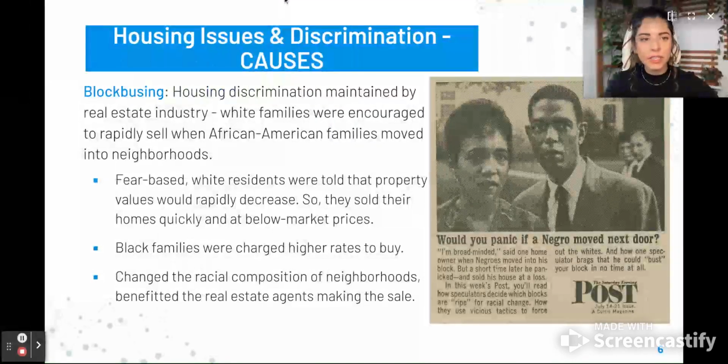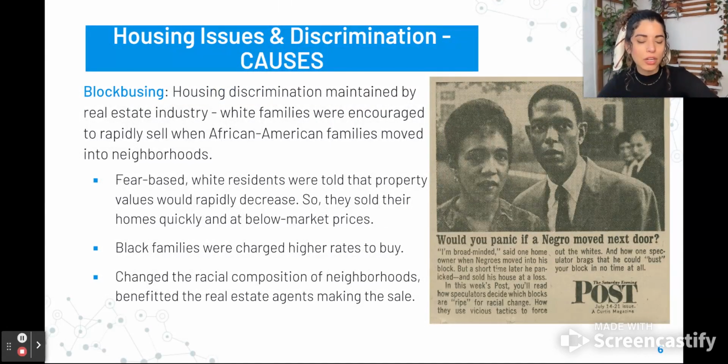So another way that this was done was through something called blockbusting, which is a similar underlying idea, but this was done through the real estate agencies and industry. So basically, white families were encouraged to quickly sell their homes once African-American families started to move into those neighborhoods. This is also called white flight.